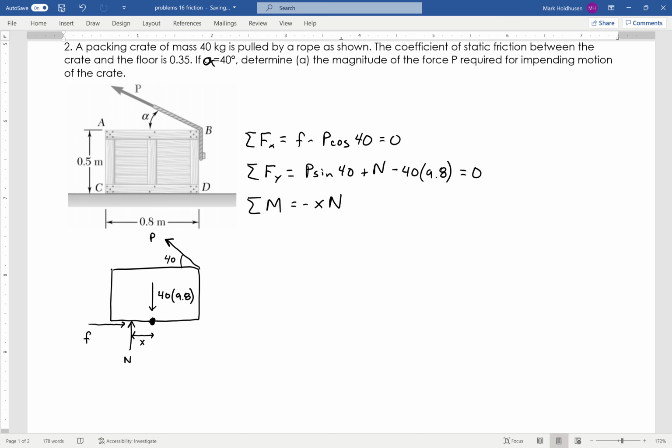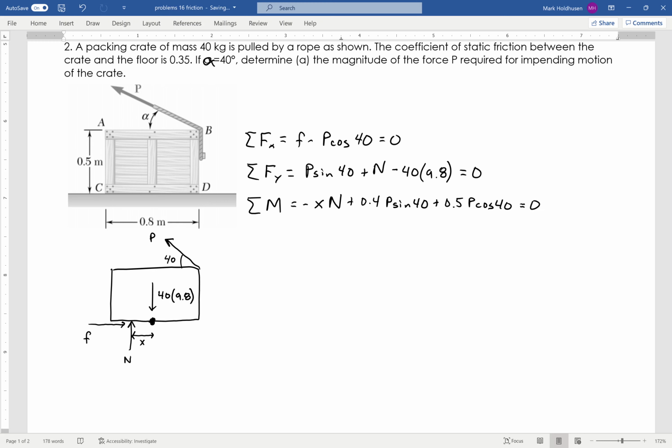I'll take the horizontal distance of 0.4 times the vertical force, which is P sine 40, and that creates a positive moment. Then I'll take the vertical distance of 0.5 times the horizontal component, P cosine 40. That is also a positive moment, so I'll throw that in there and set that equal to 0.